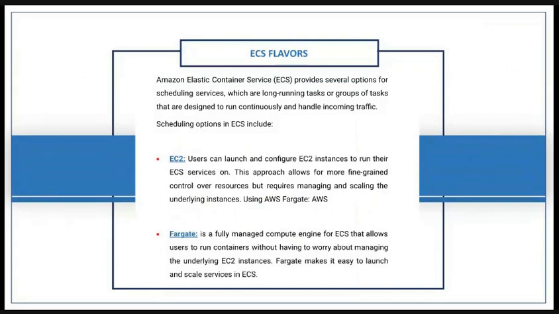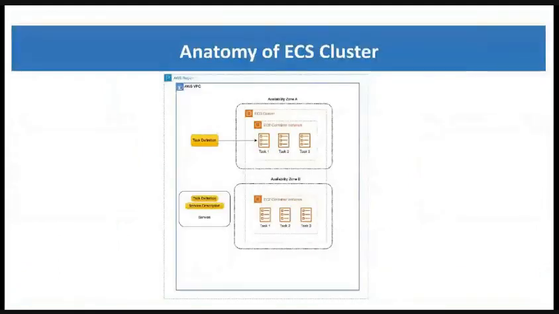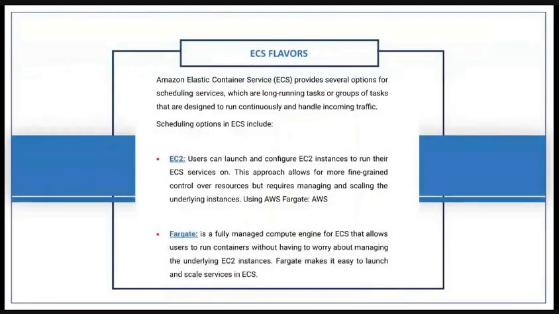Okay. Finally, before we go into a bit more technical detail on how scheduling and placement take place, there are two ways of running your services. One is the EC2 instances that we showed in the previous slide. But there's also something called Fargate. Fargate is a serverless way of running your tasks.